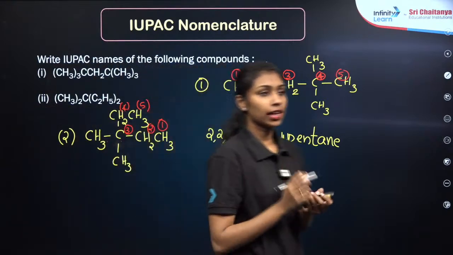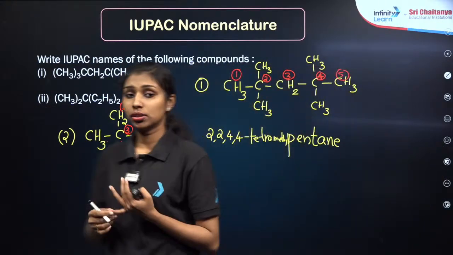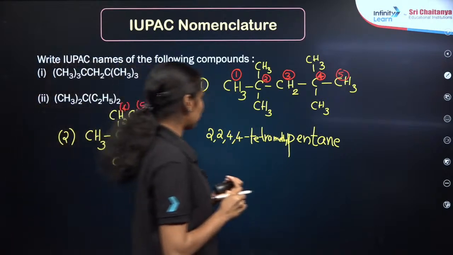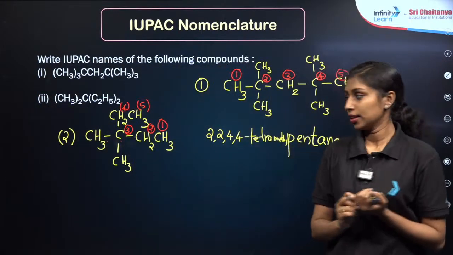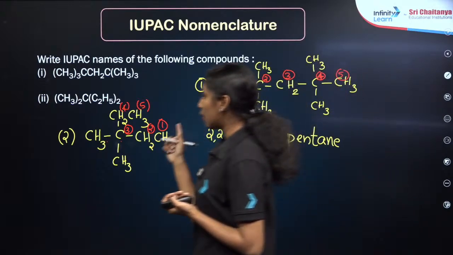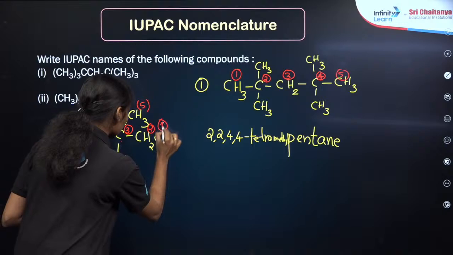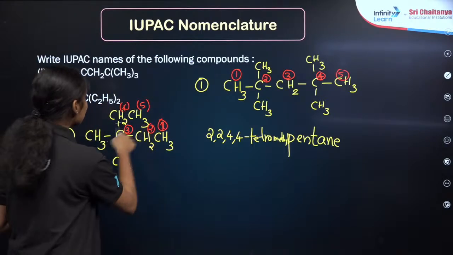Okay, what is the longest chain here? It will be the 5 carbon chain, right? By a single look, you may think it will be a butane chain, but you have to try the maximum possibilities. So once I am numbering from here, I will get a 5 carbon chain.